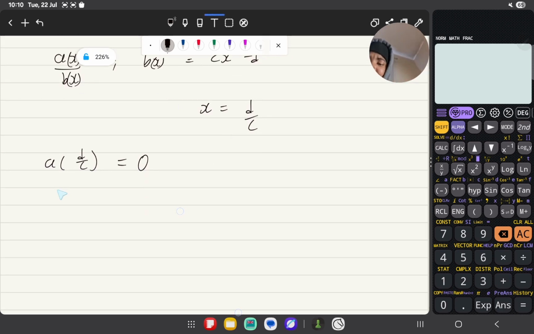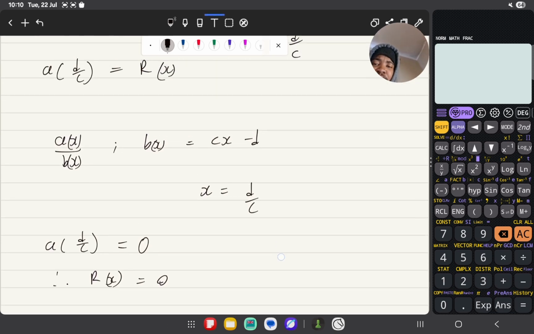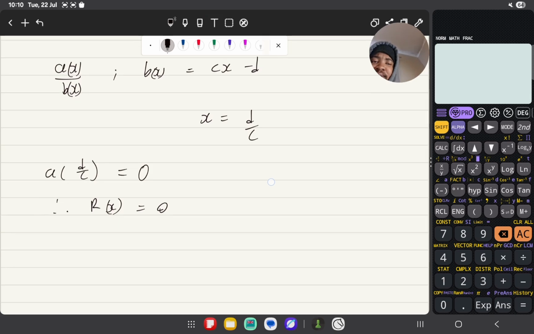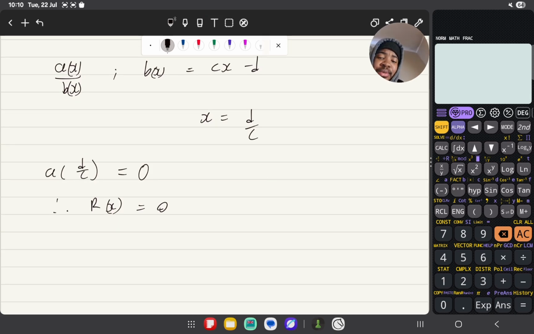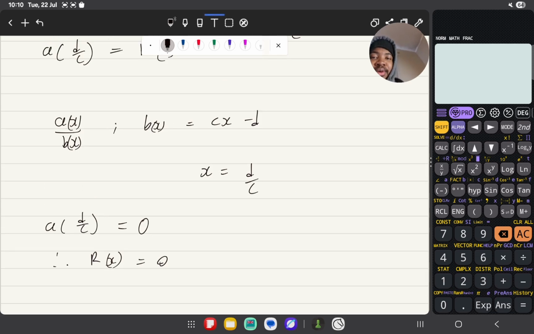It's saying that therefore the remainder is 0. Yes, we know that the remainder is 0, and if the remainder is 0, this becomes a factor of our polynomial.